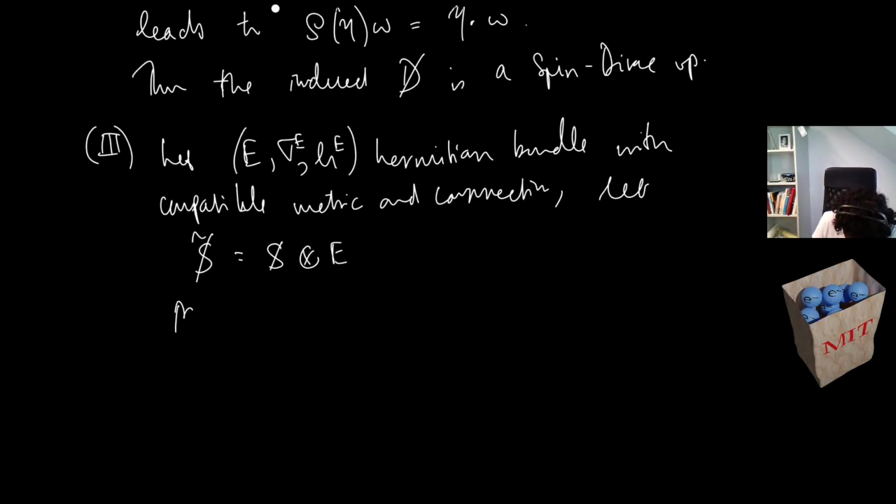And the reason I wanted to introduce this Dirac bundle language is because Dirac bundles are stable, right? If we take tensor products in this, or if we twist in this way, we still stay in the class of Dirac bundles.